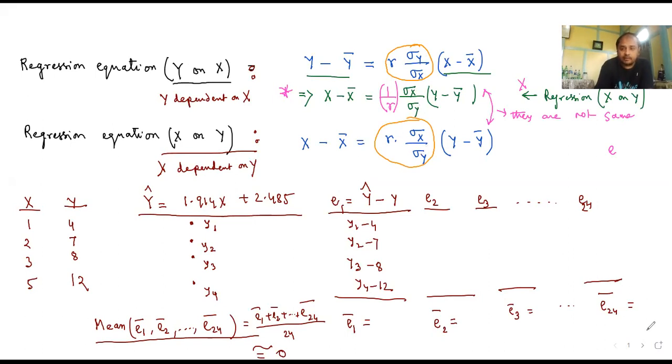These terms are actually called regression coefficients. The first is the regression coefficient y on x, denoted by byx, which is given by the formula R into sigma y by sigma x.